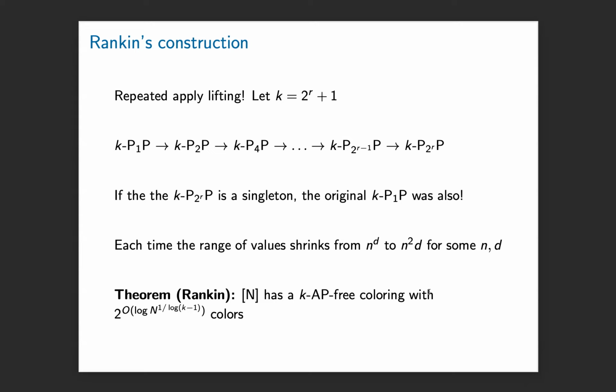So this is the range of the possible lengths of vectors in n to the d. And this shrinking of the range of values more than counteracts the increasingly strong restrictions we're putting on the vectors in our sets. Okay. That's all I had.